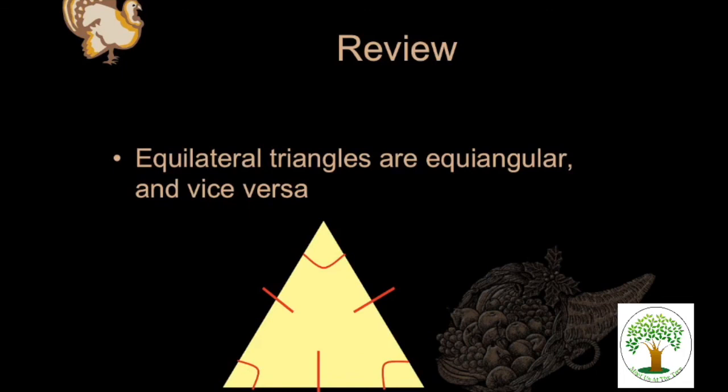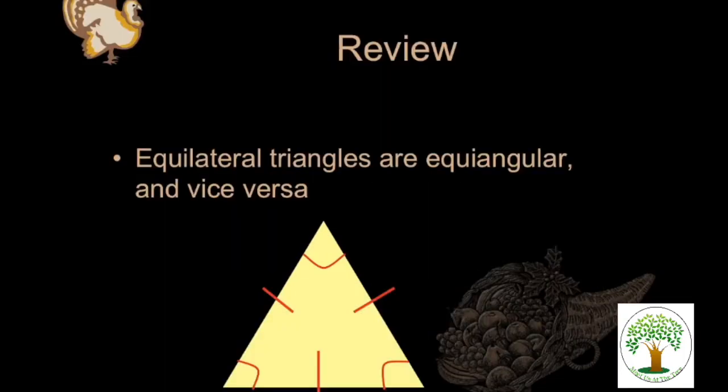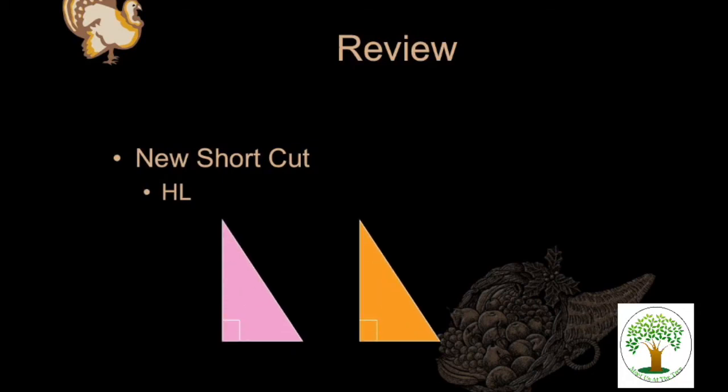We also found out that each of these are 60 degrees. Okay. We learned hypotenuse leg. So if we have a right triangle, we have the hypotenuse, and we have these legs congruent. Okay.